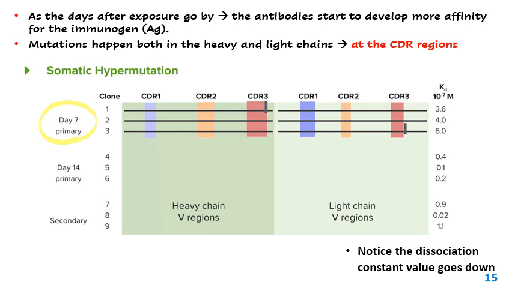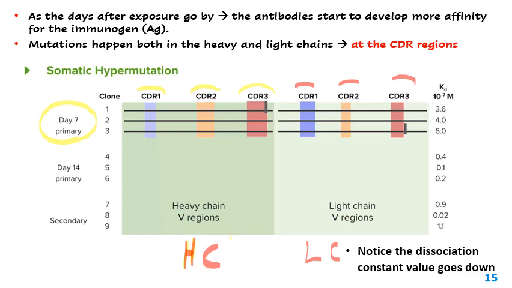So these specific regions in your variable region are called CDR1, CDR2, and CDR3, okay? And how many variable regions do you have here? Well, we have one for your heavy chain, and you have one for your light chain. So you have two variable regions that are going to mutate. Okay, so you have CDR1, CDR2, and CDR3 for your light chain.